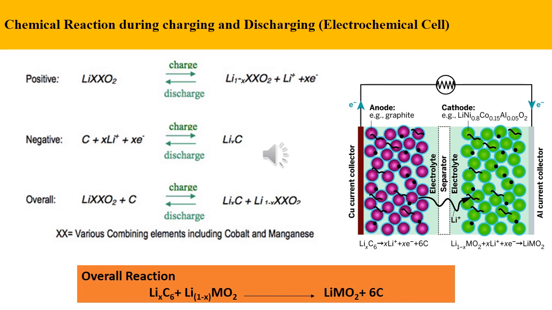At the cathode, you have transition metal oxide, and it is represented as Li1-xMO2. This Li1-xMO2 takes lithium ion and changes to LiMO2. That is, lithium ion is taken up by the cathode.